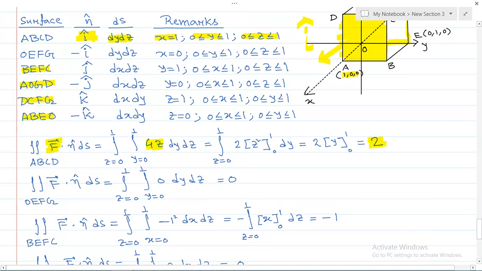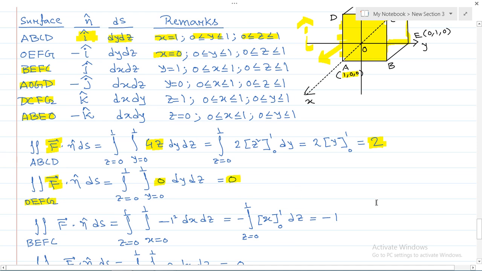Similarly for OEFG, f dot n cap now has minus i cap, and for this surface OEFG, the x value is 0. So wherever we see x in the f vector, we put x equal to 0, and ultimately the result becomes 0 after the dot product. So the result of this integration is 0.